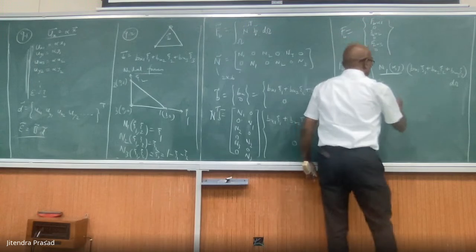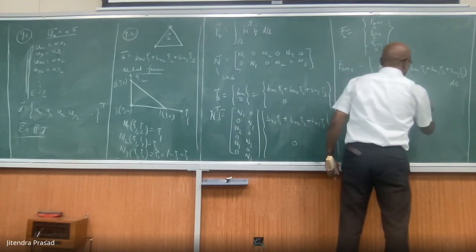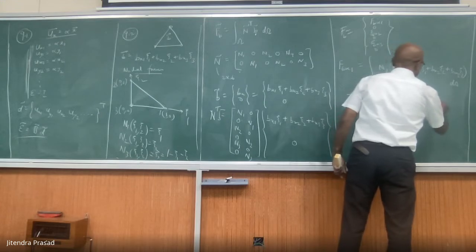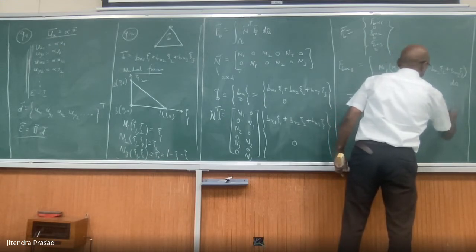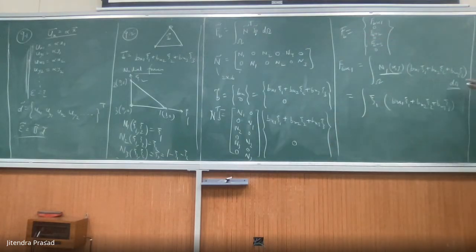Then you have dx1 xi1 plus dx2 xi2 plus dx3 xi3, and this is the triangular system you have to convert into.